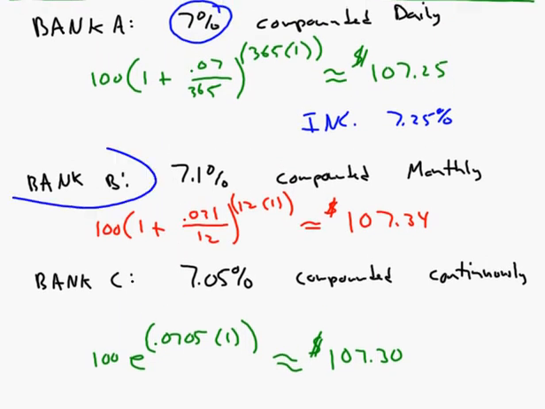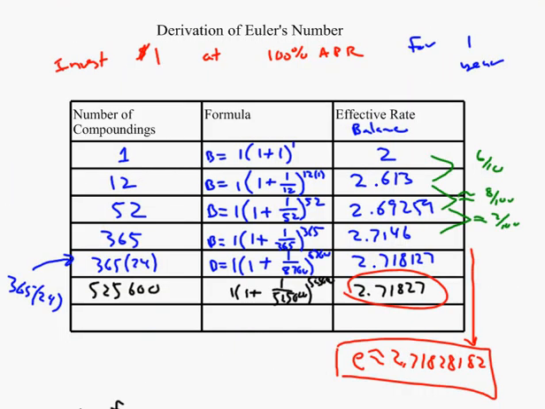All right? And you may or may not be surprised, but we saw the other day that as you increase the number of compounding periods, like in this chart, you did not see as big a jump in the balance when you went from, say, 365 daily to minutes, 525,600. You didn't see a huge difference there. 365 is 2.714. 525,600 is 2.718.